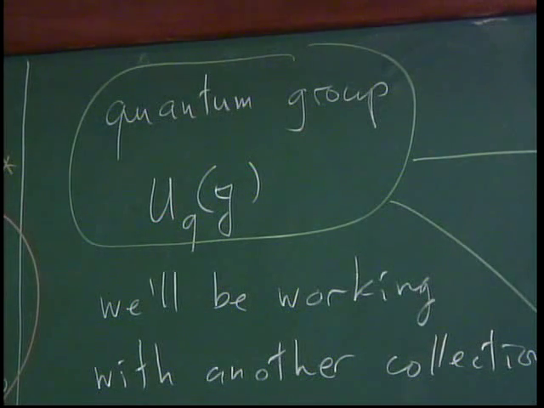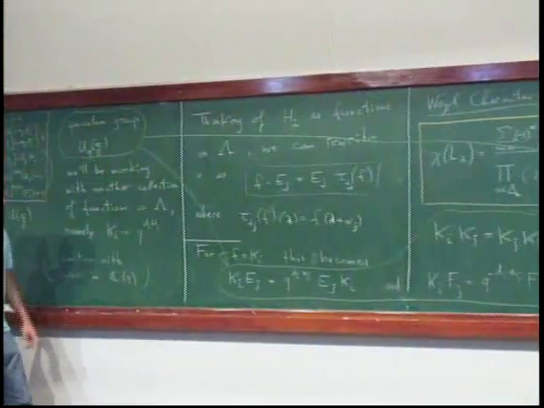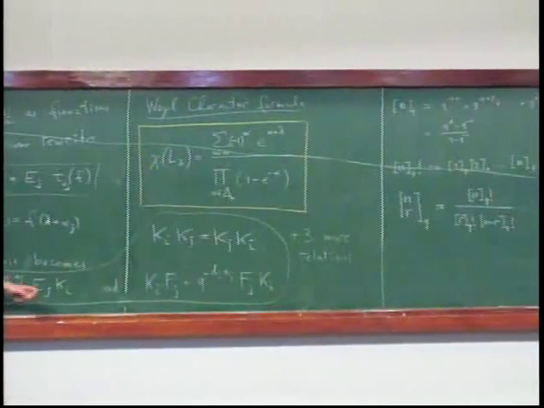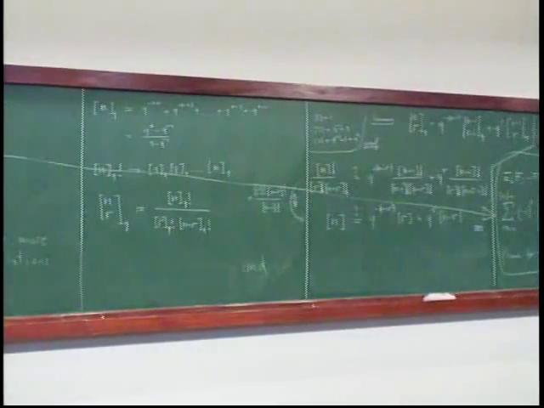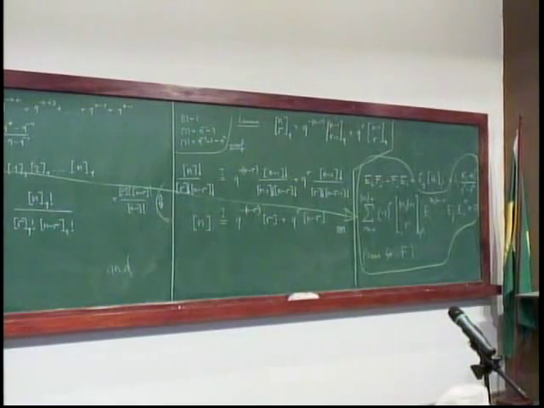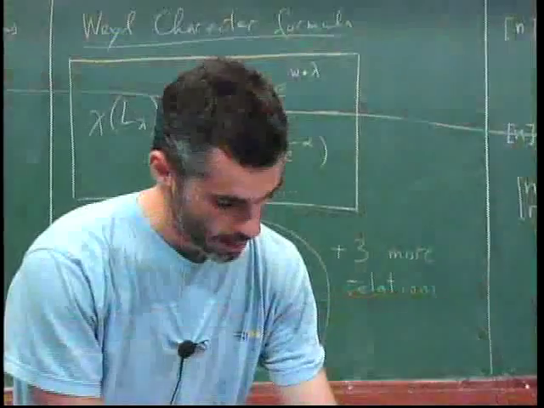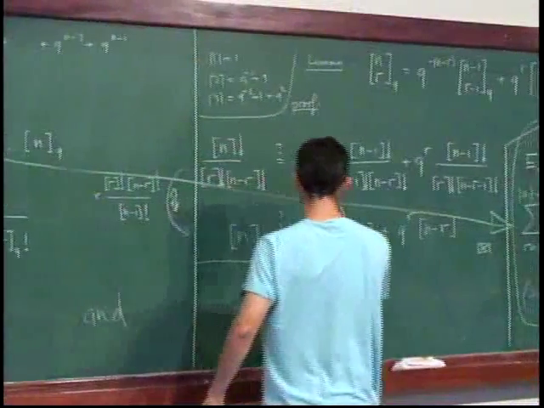It's an algebra generated by K_i's, E_i's, and F_i's subject to the K_i's commute. This is just saying that you can think of K_i's as providing a grading by the weight lattice, and then those relations.